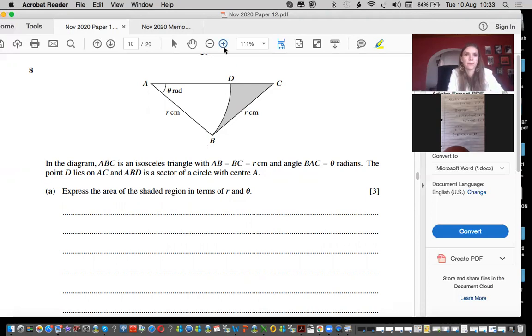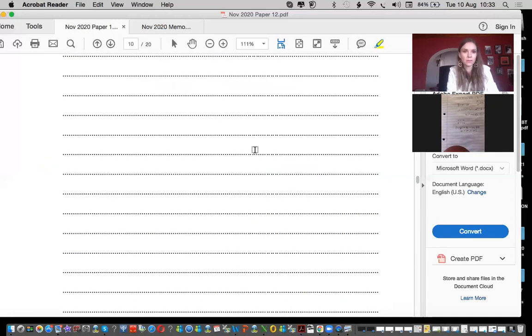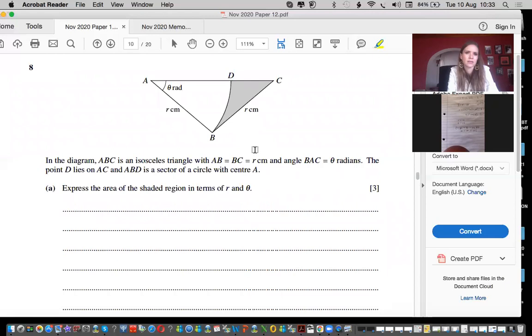Yes, that is my plan. BC is equal to 10. DC is going to be a bit of a problem, we'll speak about that just now. And for arc BD, I want to remind you there's a formula for arc length on your formula sheet. It's just R theta. So R in this case will be 10 and theta in this case will be 0.6.